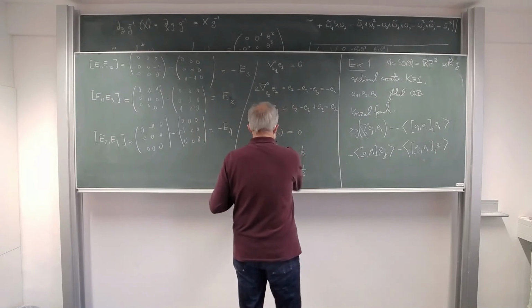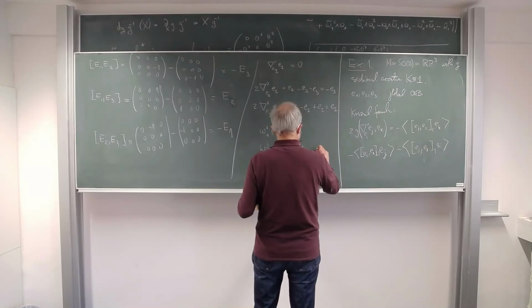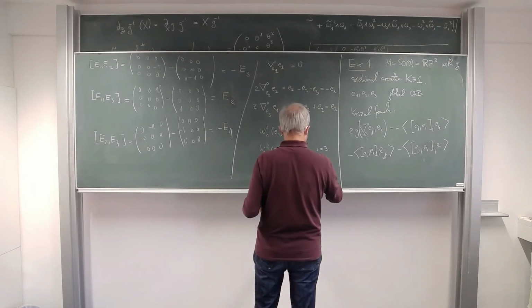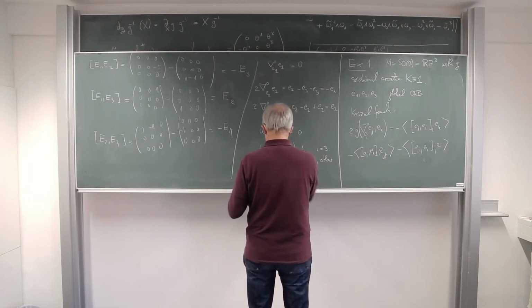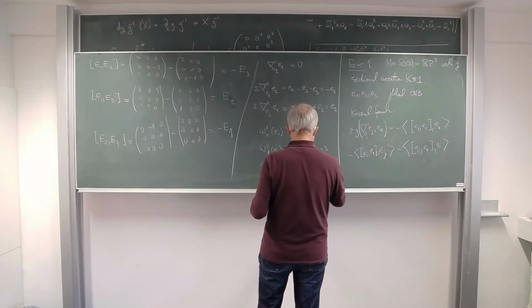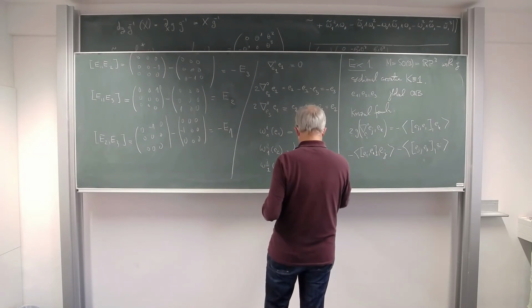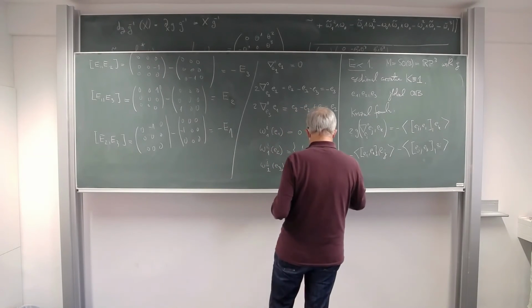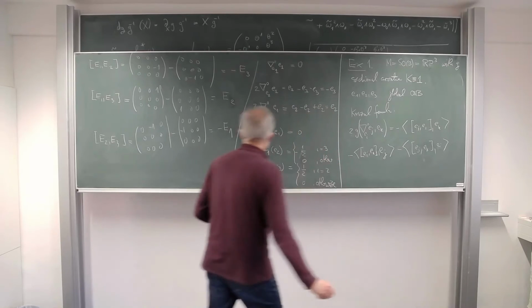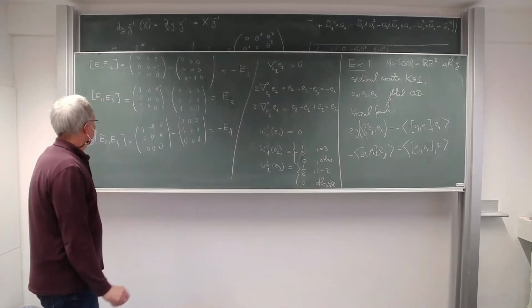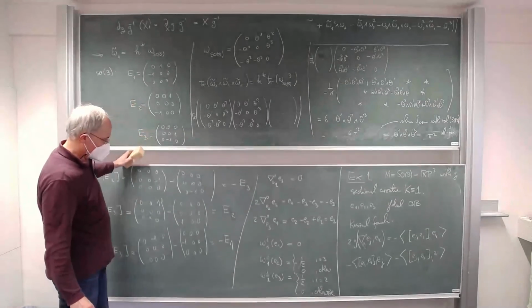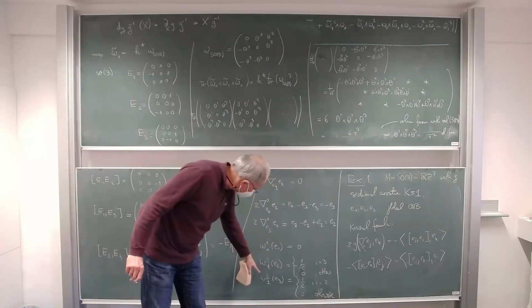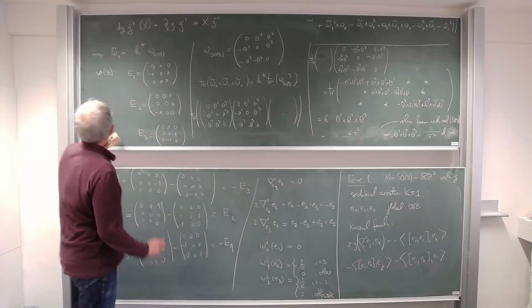So this is 1/2 if I is equal to 3, 0 otherwise. And similarly here, this is 1/2 if I is equal to 2, and 0 otherwise. And so I have to keep computing. Now I have all the contributions with a 1.